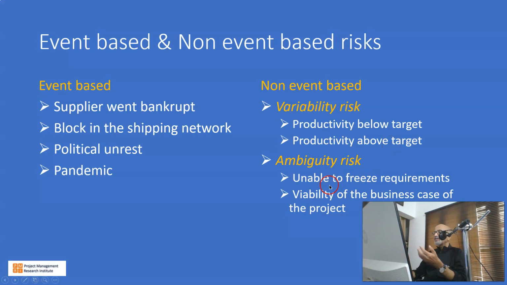Then comes ambiguity risk. Unable to freeze requirements, and hence there is an ambiguity about it. That is an ambiguity risk. Viability of the business case of the project, people are not very clear about it. There is an ambiguity risk associated with it. So event-based risk, non-event-based risk, and under non-event-based risk we have variability risk as well as ambiguity risk.